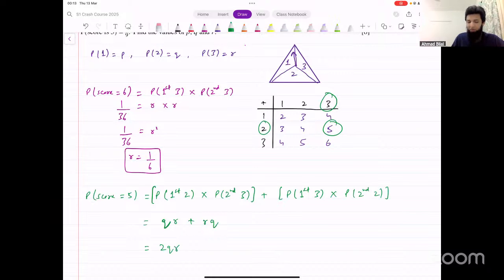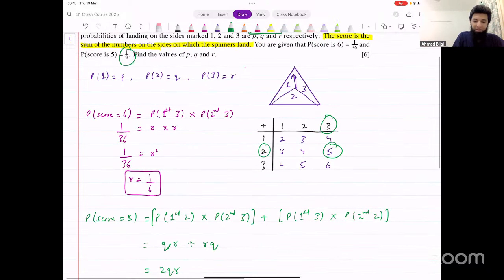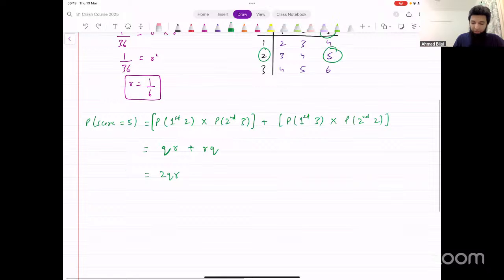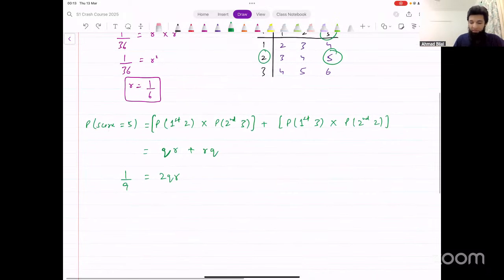QR and RQ, they're the same thing, so it becomes 2QR. And they've given us that this probability is supposed to be 1/9. So we equate this to 1/9. Now we already know the value for R, that is 1/6. We can put this here, 1/6, and that is going to give us the value of Q, which is 1/3. That's the value of Q that we get.